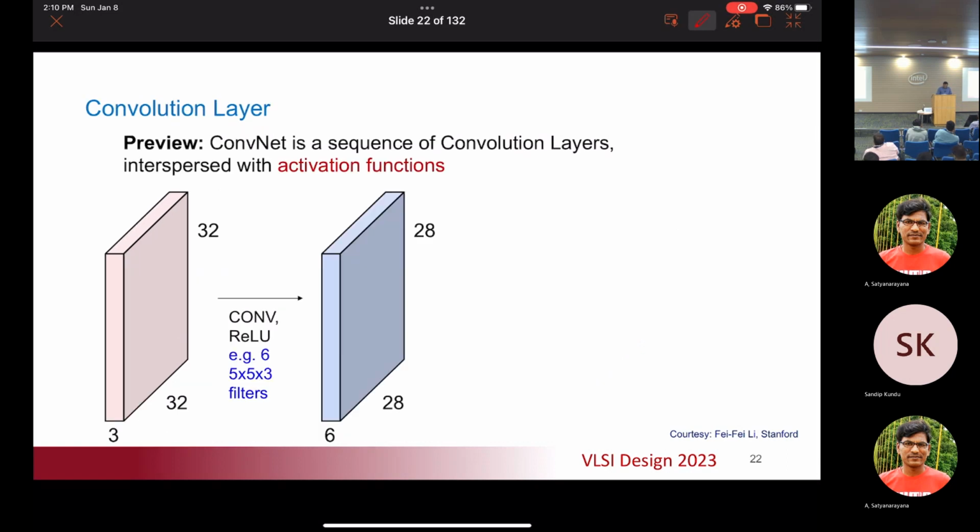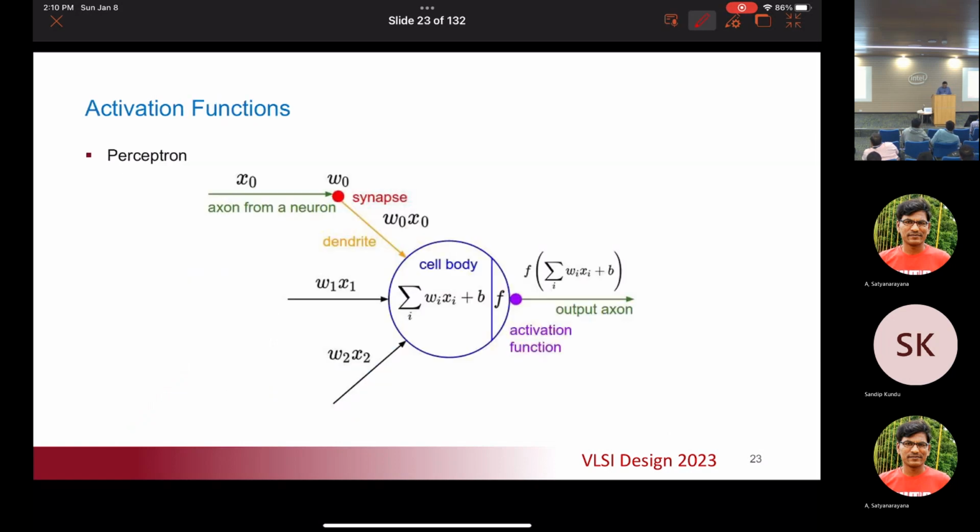Now, once we have done this convolution process, we were given an input image, and by applying a set of filters, we produced an output activation map. And then on the activation map, we apply something known as an activation function. If you remember in the Perceptron, which was designed in 1943, you take all these inputs, and if they're over a threshold, then we output a 1, and if they're below a threshold, we output a 0.